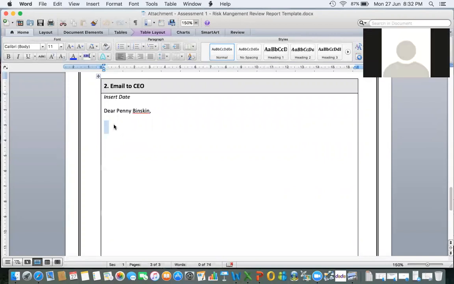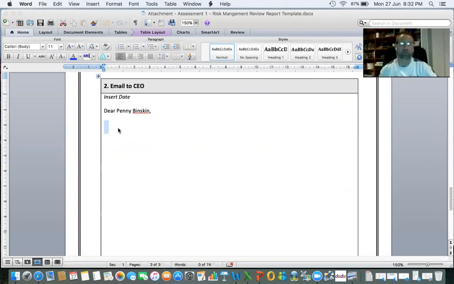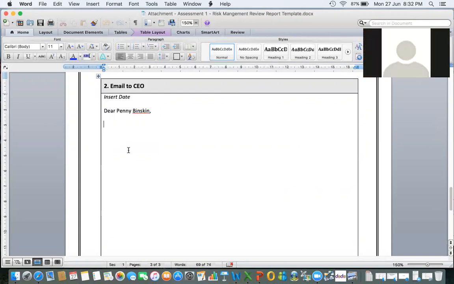Dear Manny Binskin, you explain, based on your analysis, you identified the following risks, for instance. How much do you have to write for it? I do not want to limit people with a number of words, because that goes back to people's writing style.